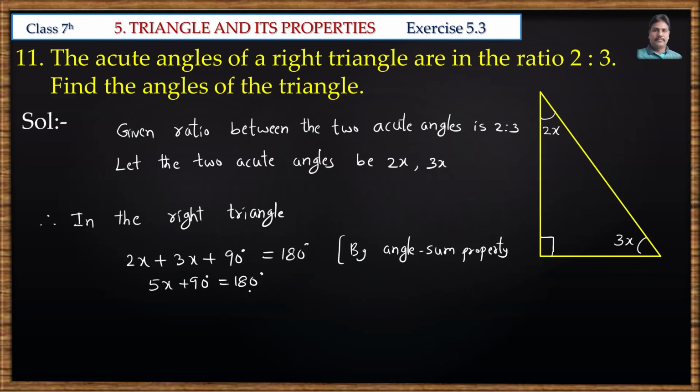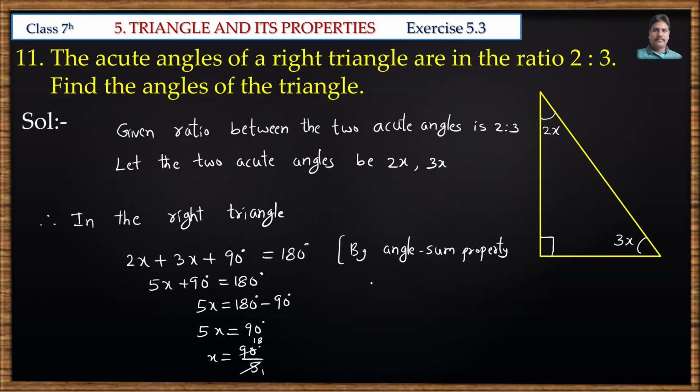Transpose plus 90 to the right side, it will become 5x is equal to 180 minus 90. So 5x is equal to 180 minus 90 becomes 90. x is equal to 90 by 5. 5 ones are 5, 5 eighteens are 90.